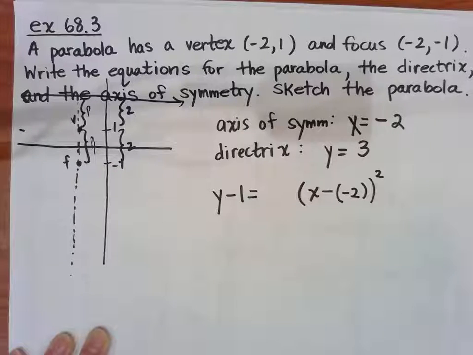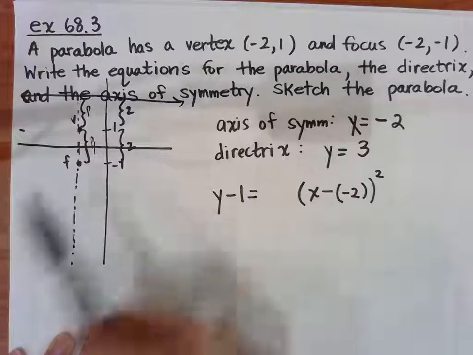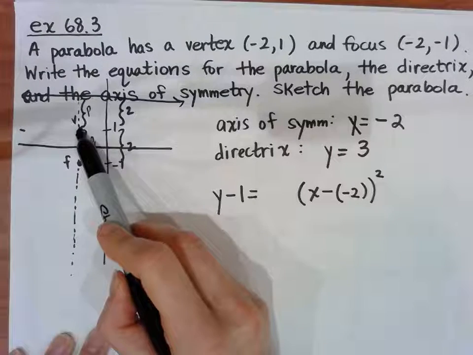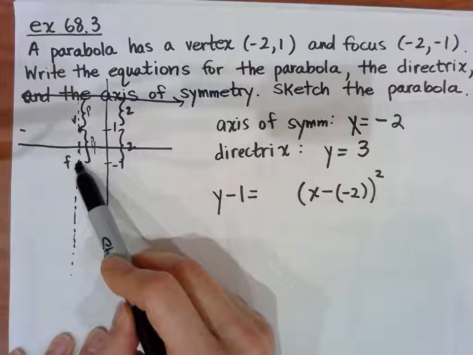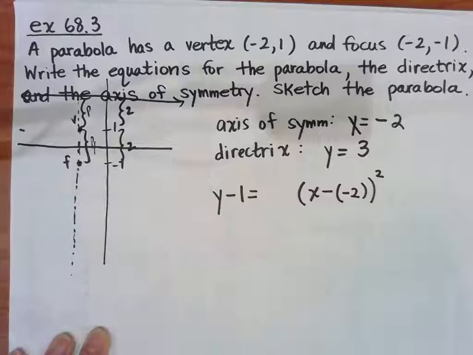Okay, but in particular, should we have it as a positive 2 or a negative 2? Well, we need to look at where it is with respect to the vertex. So the vertex is here and the focus is down 2 units, not up 2 units. So it's actually a negative 2.